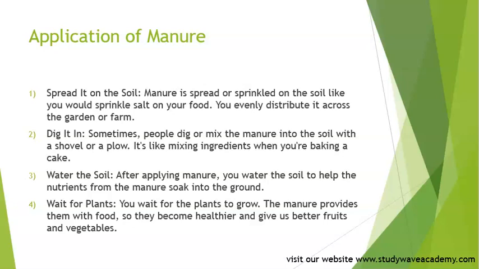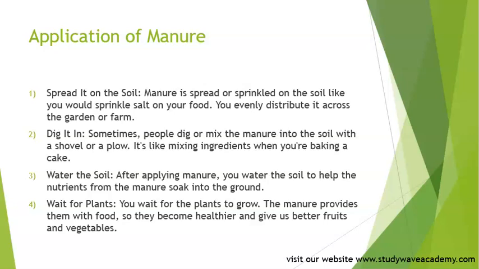Okay? Then we wait for the plants. You wait for the plants to grow. The manure provides them with food so they become healthier and give us fruits and vegetables. So when you finish applying the manure on the soil, you wait for the plants to grow.